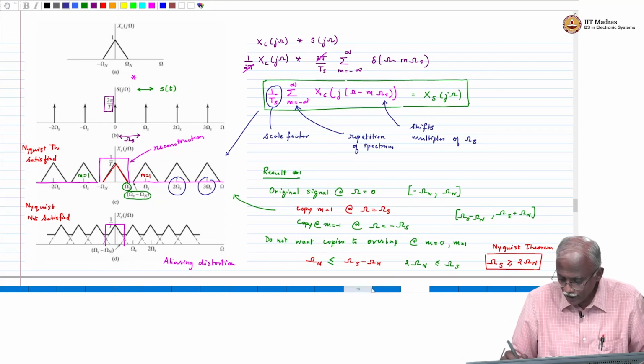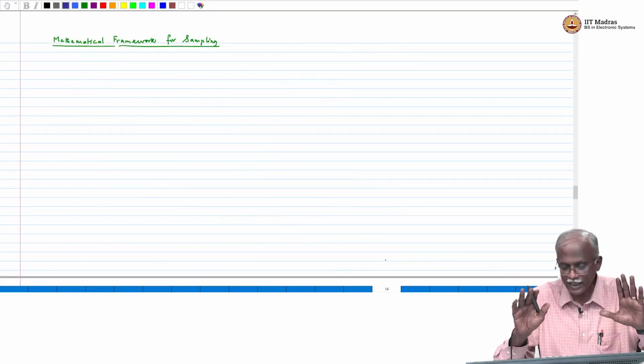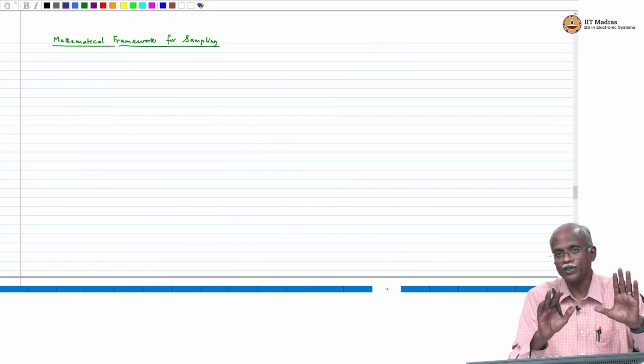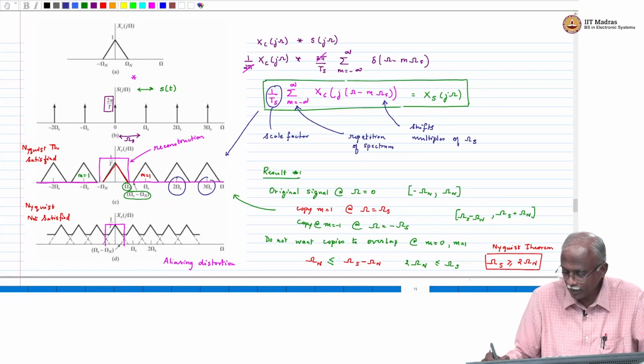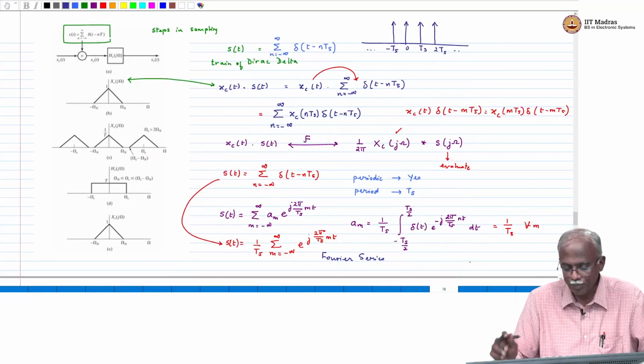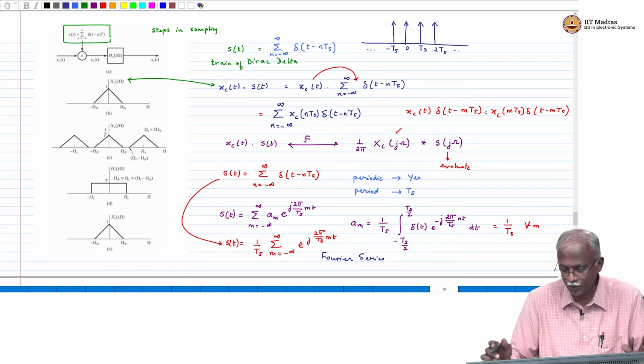So, these are important concepts. I want you to not only have a good understanding of the sampling process and how to choose the sampling frequency, also look at the mathematical framework and also be able to appreciate what we have discussed in today's class.